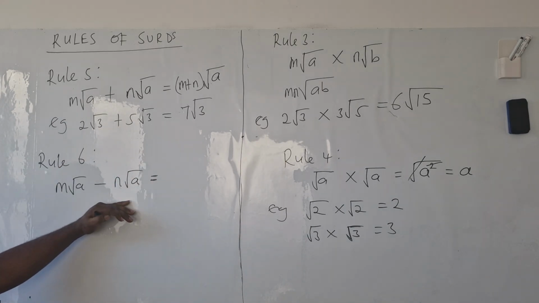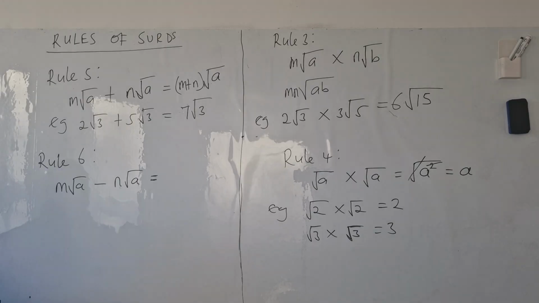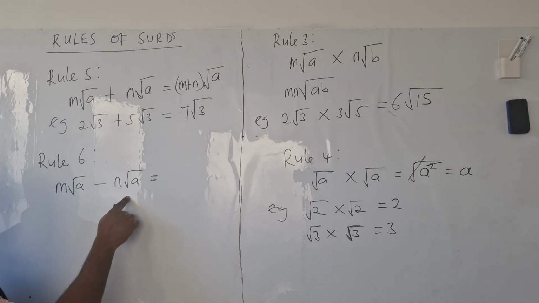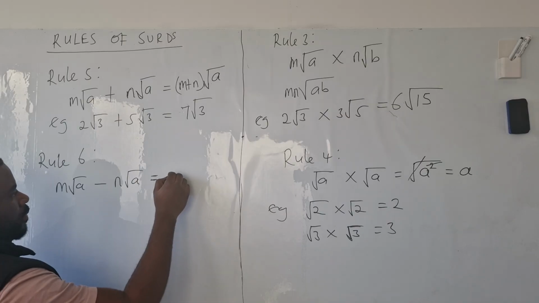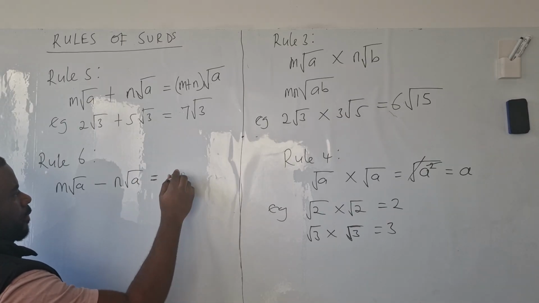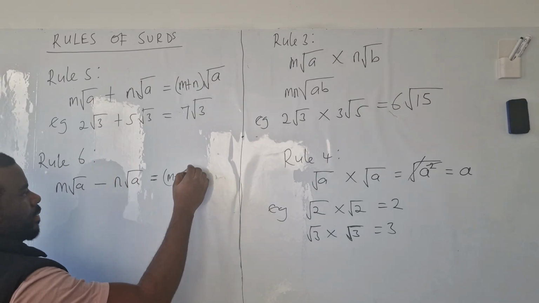The only thing is that where we add the coefficients, we subtract them for subtraction. So subtract coefficients, that is m minus n. Then we take one of the like surds, that is root a.